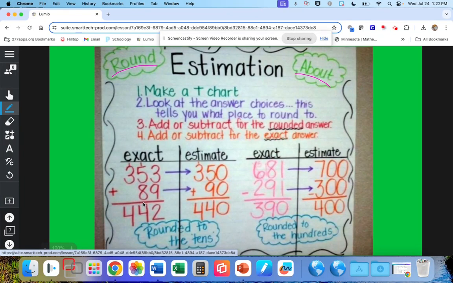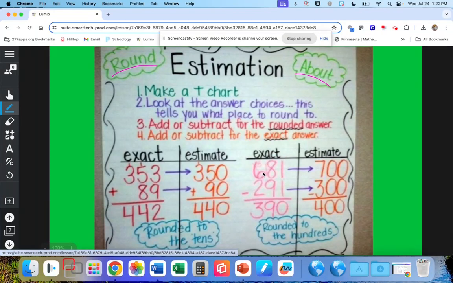So we are going to round these numbers to the nearest tenth. So 353 rounded to the nearest tenth becomes 350. 89 rounded to the nearest tenth is 90. So then I'm going to add those two numbers together and I get about 400. Notice that's only 2 off from the actual answer, but it probably made my adding a lot quicker.